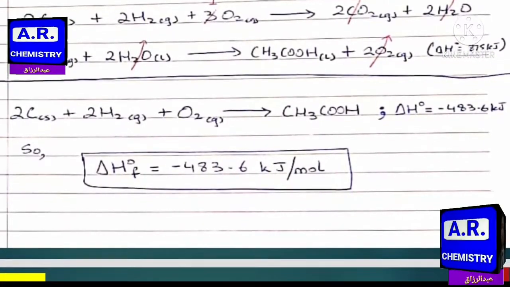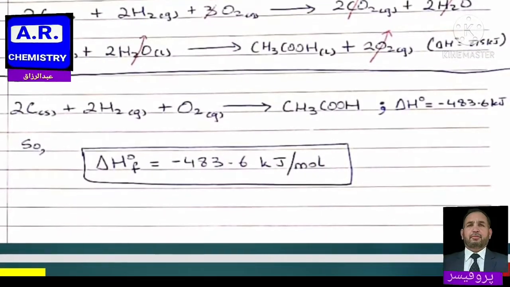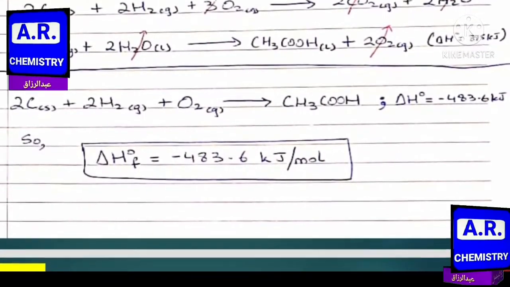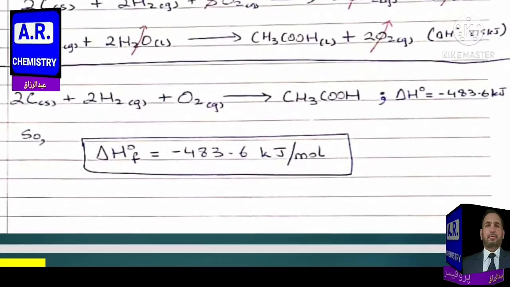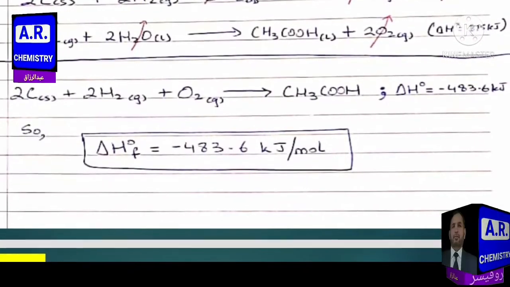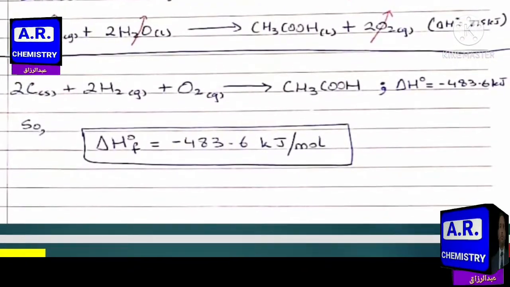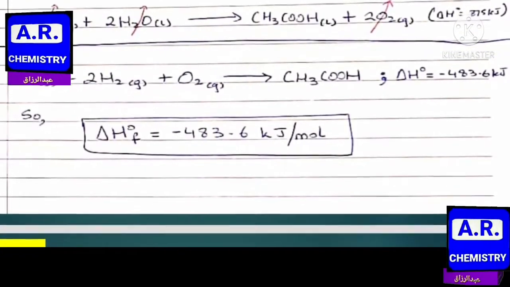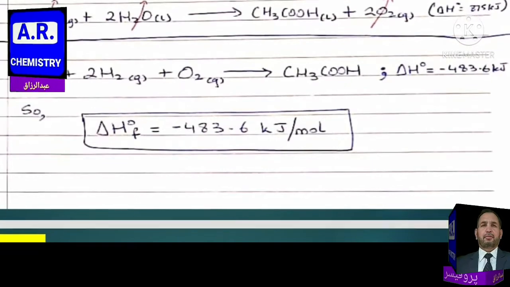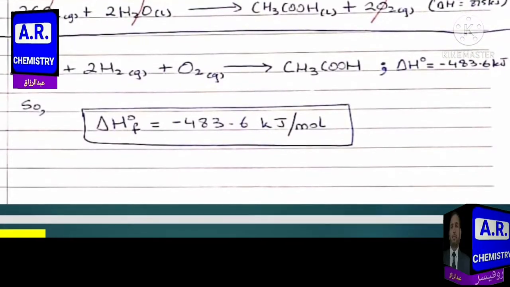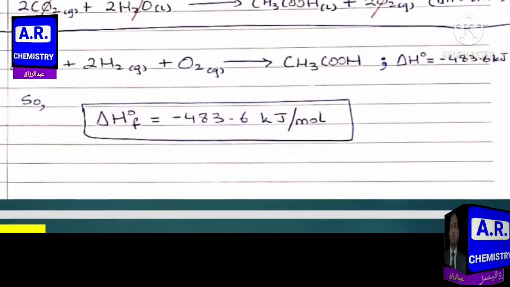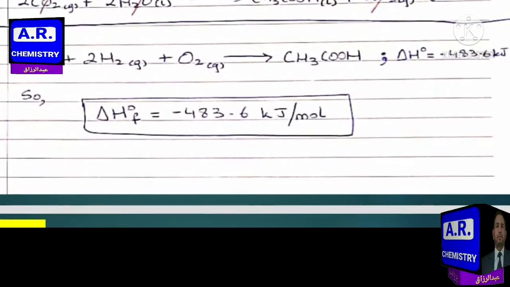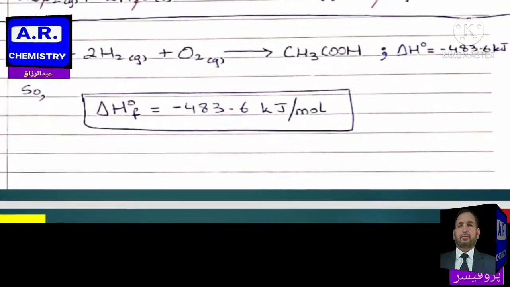And when you get your desired equation, you have also manipulated the different enthalpy values, so in this way you can get your answer, that is you can deduce the enthalpy of formation for this reaction. This is the general pattern by which most of the questions of thermochemistry are done.